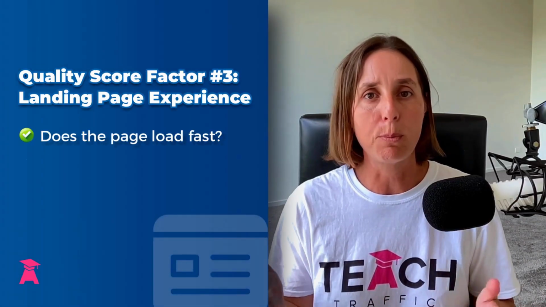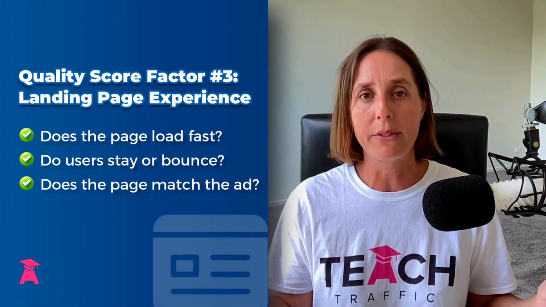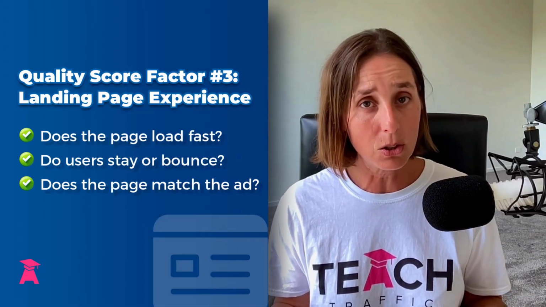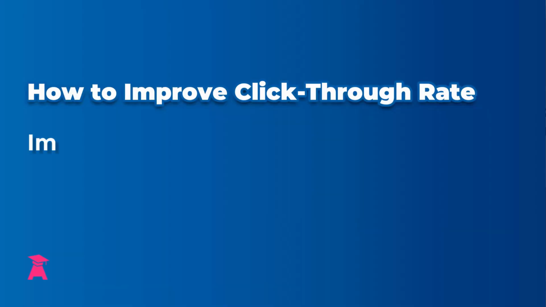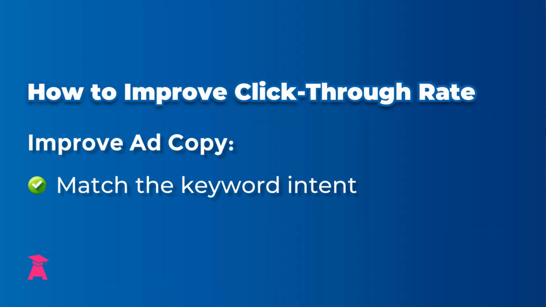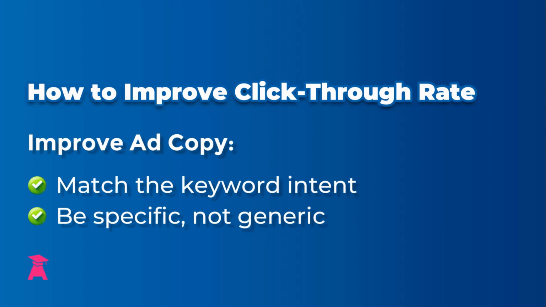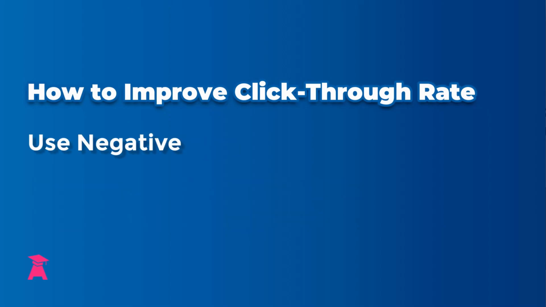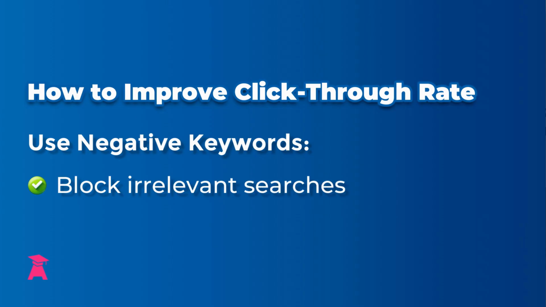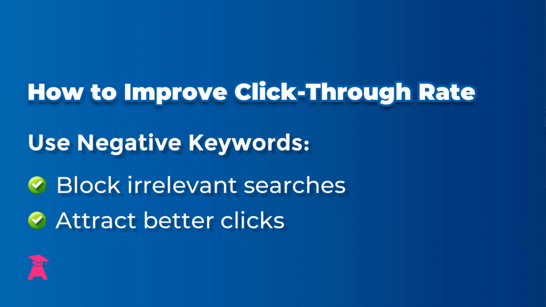So are people bouncing straight away, or are they not even getting to the landing page because it takes so long to load? So those are the things you need to think about with your landing page. But really, most important are the click-through rate and ad relevance, which, as I said, I think are really closely related to each other. So think about how you can improve your ad copy and get more people to click on your ads by adding negative keywords, etc., because that will in turn improve your click-through rate and therefore quality score, which means you pay less.